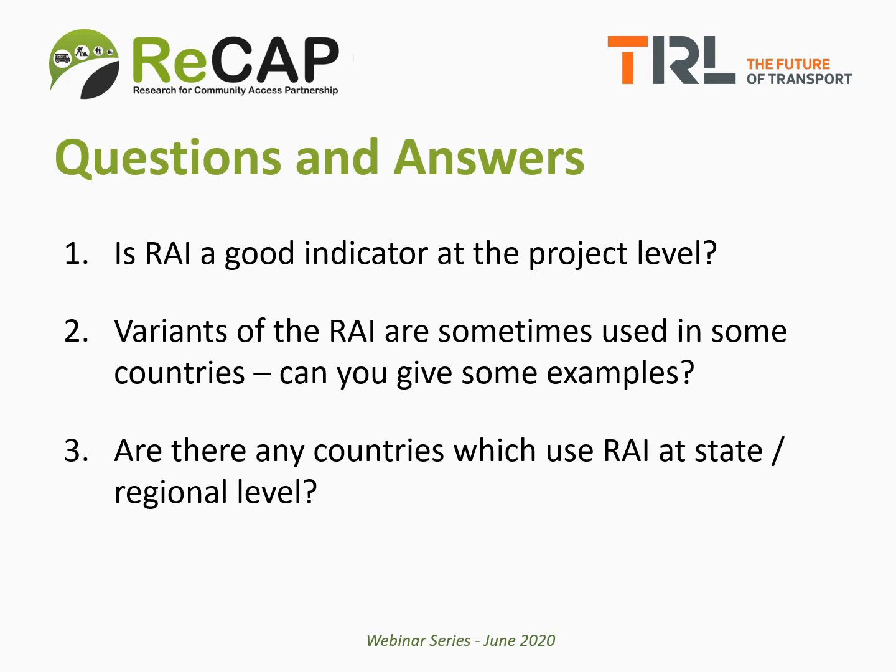So in Nepal, they've used a modified definition of the population living within 5 kilometers from national roads specifically. Other variants include some countries using walking time as a measure of distance to an all-season road rather than the 2 kilometers specified by the RAI. Other countries also use the distance from village centres in some cases.